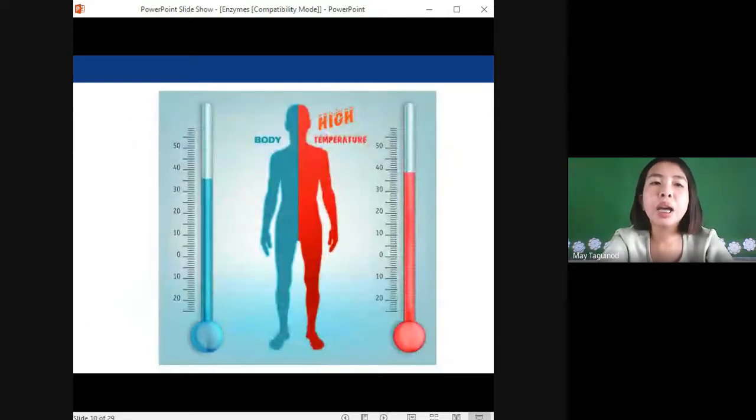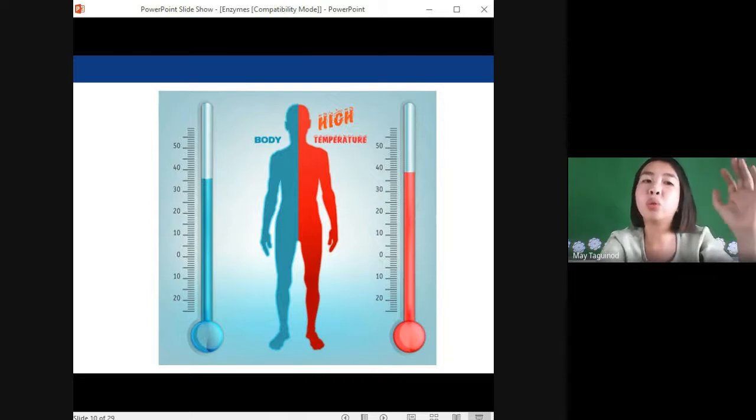Energy is often provided in the form of heat. Specifically, enzymes allow reactions to take place at lower temperatures than usual, such as our body temperature. Without them, many important reactions would proceed too slowly to sustain life.